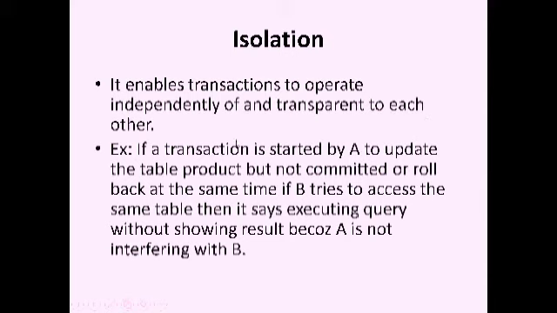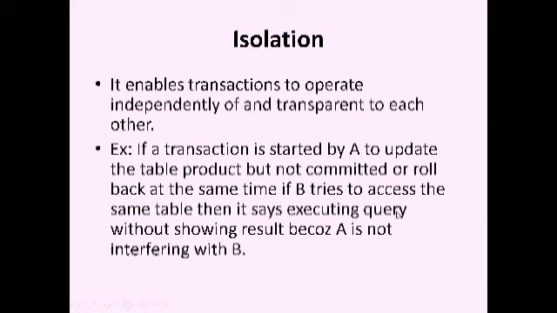Here is an example: if a transaction is started by A to update the table product but is not committed or rolled back, and at the same time B tries to access the same table, it shows executing query without showing a result, because A is not interfering with B. A has opened that table and is trying to update it.